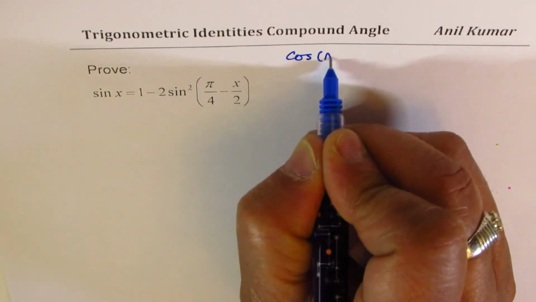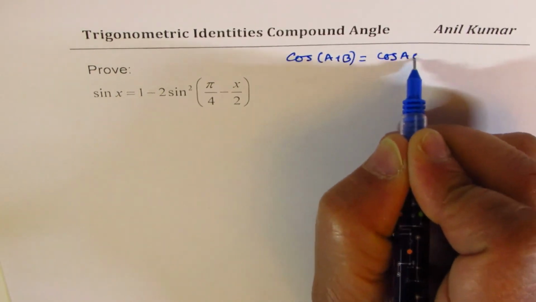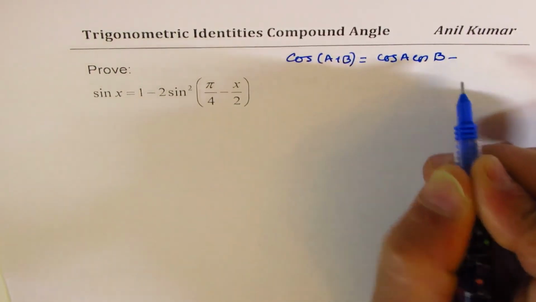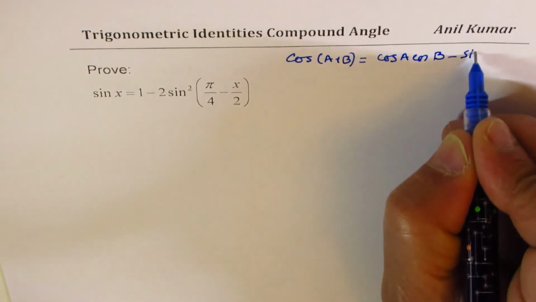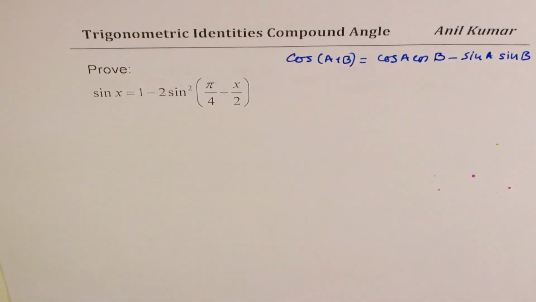We'll work on cos A plus B, which you know is cos A cos B minus sin A sin B, right?